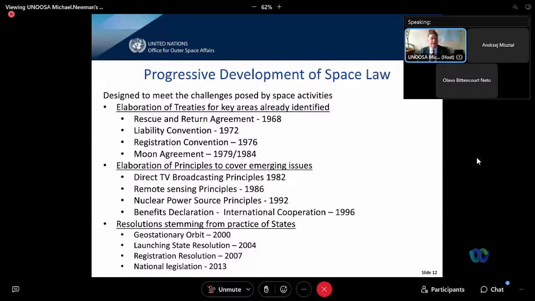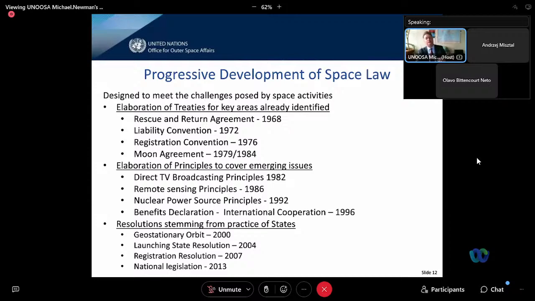Benefits declaration and international cooperation, enshrining that international cooperation would be voluntary and on terms of those cooperating states. 1996 leads the way, of course, for states to determine for themselves as sovereign states how they will engage in international cooperation and for what purposes. Then resolutions stemming from the practice of states, recognition of geostationary orbit as a limited resource, and the ITU's work in managing those frequencies and preventing harmful interference.